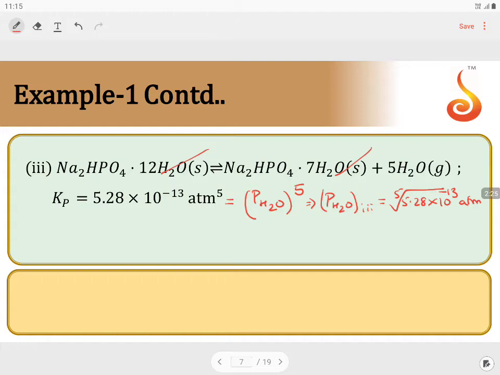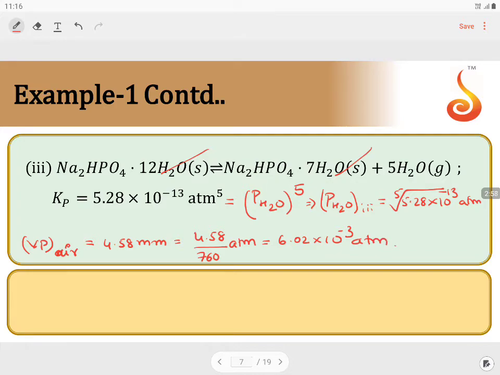So these are the three things which we have with us, and we also have the vapor pressure of water in the question. Air, we can say vapor pressure of H2O in the air is equal to 4.58 mm, which can be written as 4.58 by 760 atmospheres, which is equal to 6.02 into 10 power minus 3 atmosphere.